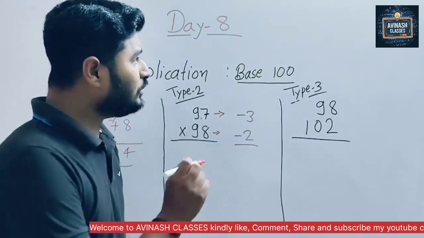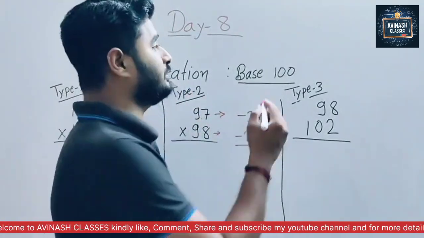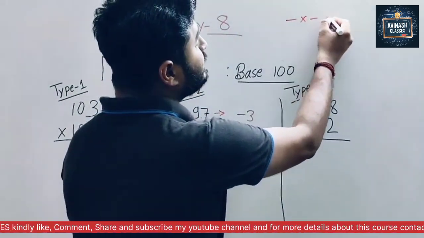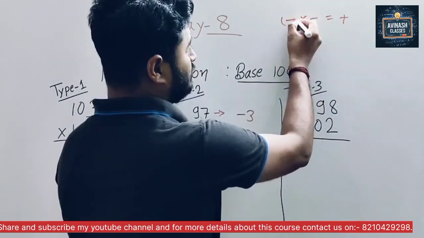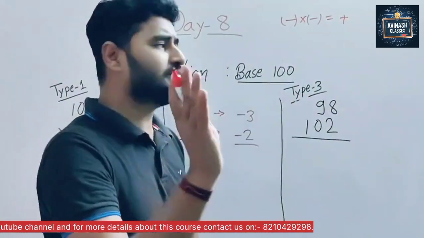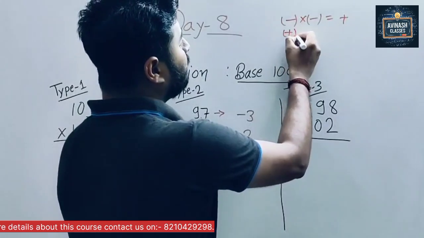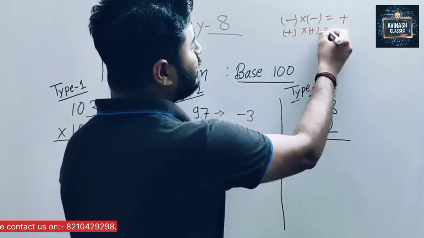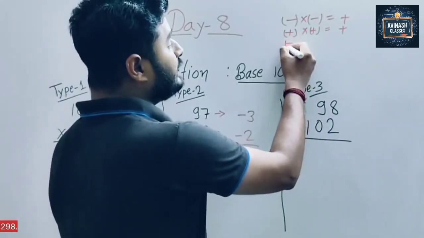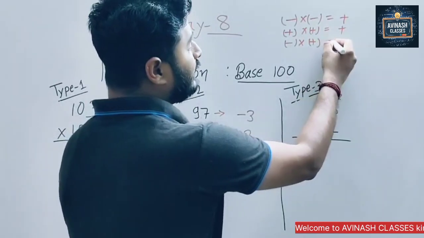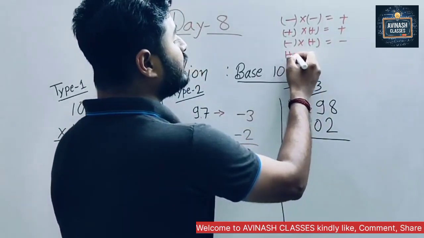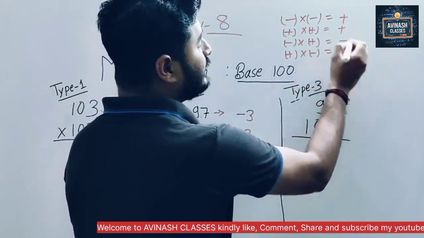Good. Now, one thing we learned in our integer chapter: negative into negative, what does it come? Positive. Already we learned in grade 4, 5, 6 the same thing. Positive into positive, what do we get? Positive only. Negative into positive, what do we get? Negative. Positive into negative, we get negative.